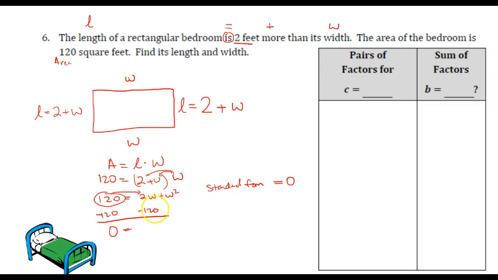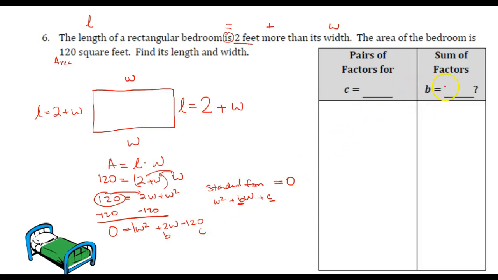And I'm going to put this in order because for standard form, I'm usually used to a letter squared plus whatever that coefficient is times the letter plus a constant, right? So these stand for variables. So here I'm going to write W squared first, the positive 2W next, and the minus 120 last. So now I have my A, B, and C value.